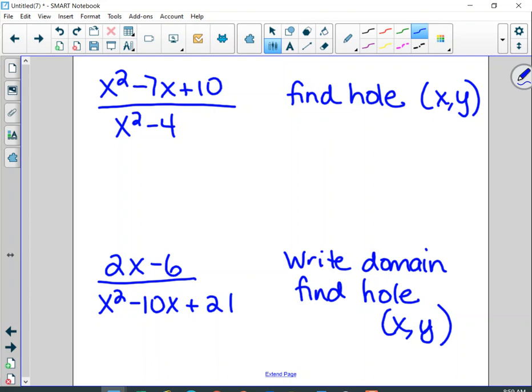We rewrite the function, and then you set this to it. I'm going to go through that again.